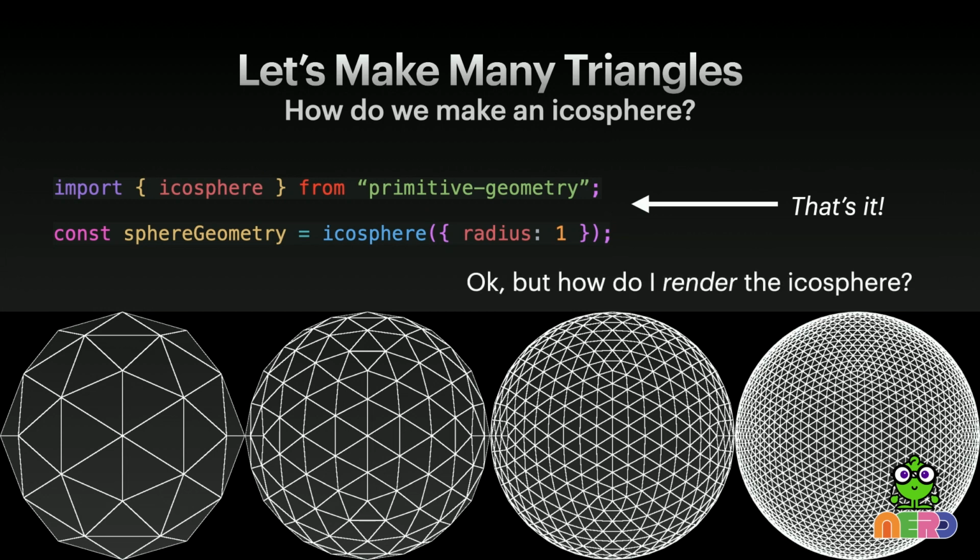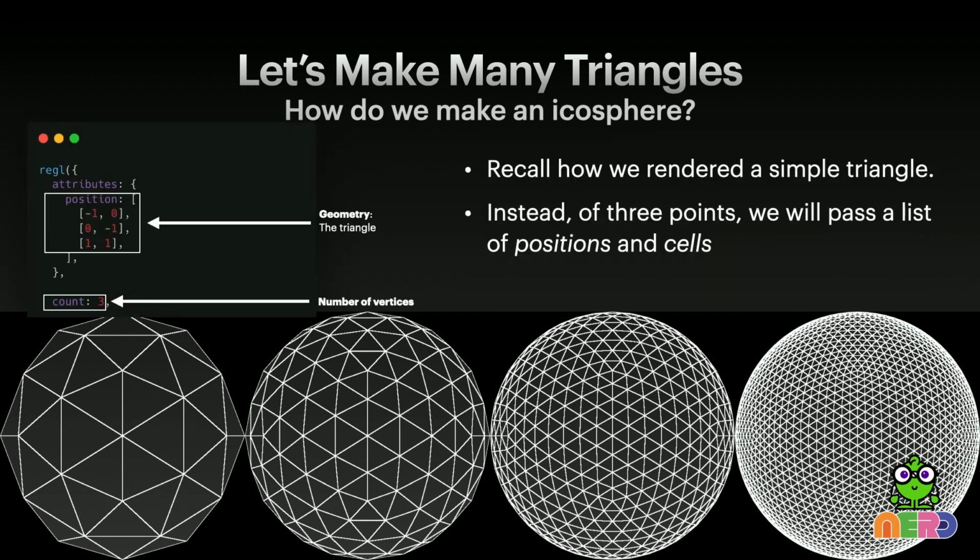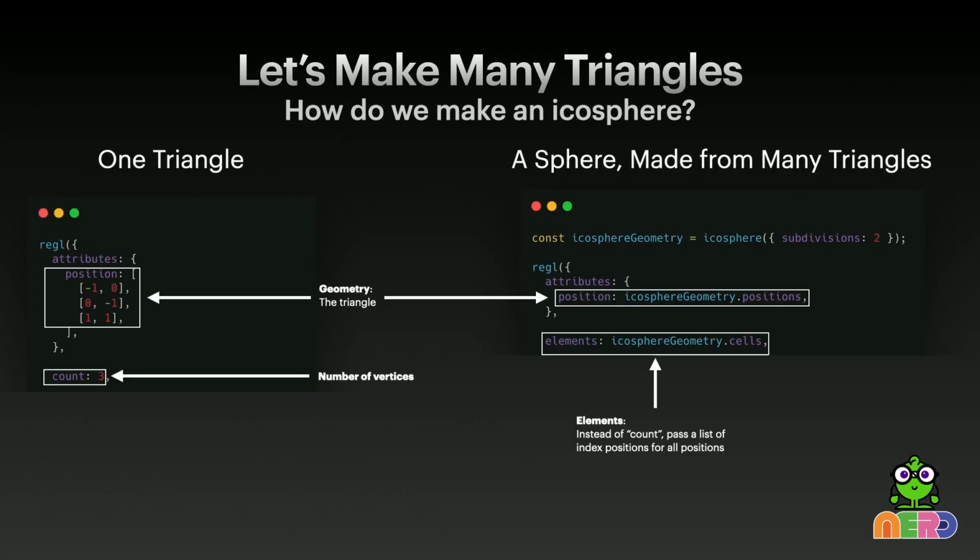Okay, so how do we render this icosphere? Well, we remember how to render the triangle. We had our list of positions, 3, and there it is. So what we're going to do here is pass a list of positions and cells. So a little bit different. Positions, we just have this list of positions. Cells, instead of passing a count of all the positions, you could imagine, let's say you have this sphere, you have a triangle, and then this line is being reused for this triangle, and then this one's being reused.